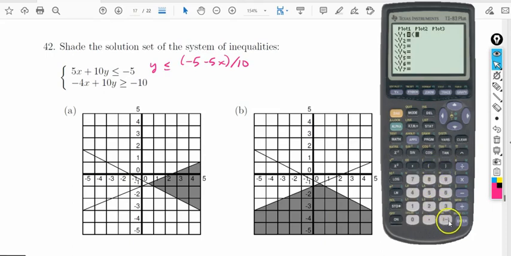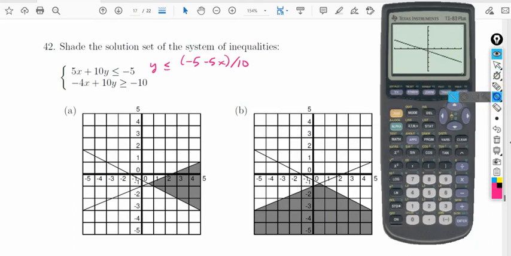So I'm going to look at (-5 minus 5x), close parentheses, divided by 10. And I'm going to make my window the same size as this window, going from -5 to 5 for my x and y. And then I'm going to press graph.